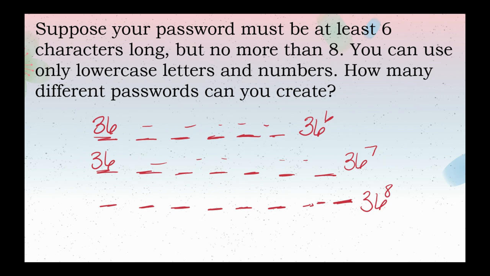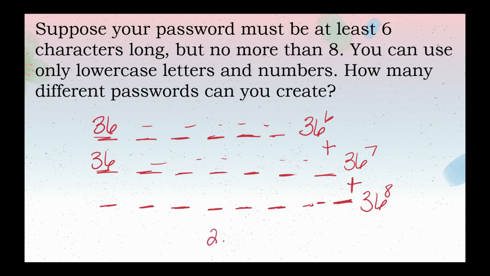Then, to find out the total, we're just going to add these together, okay? So you're going to add 36 to the 6th plus 36 to the 7th plus 36 to the 8th. So go ahead and punch that in your calculator because nobody expects you to do this mentally.